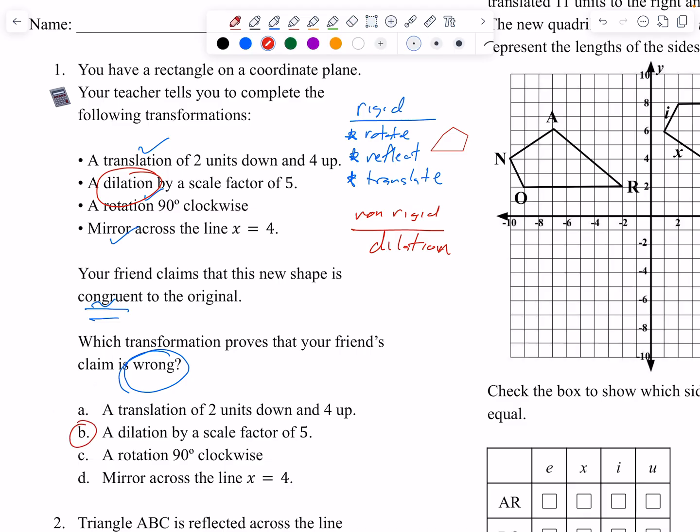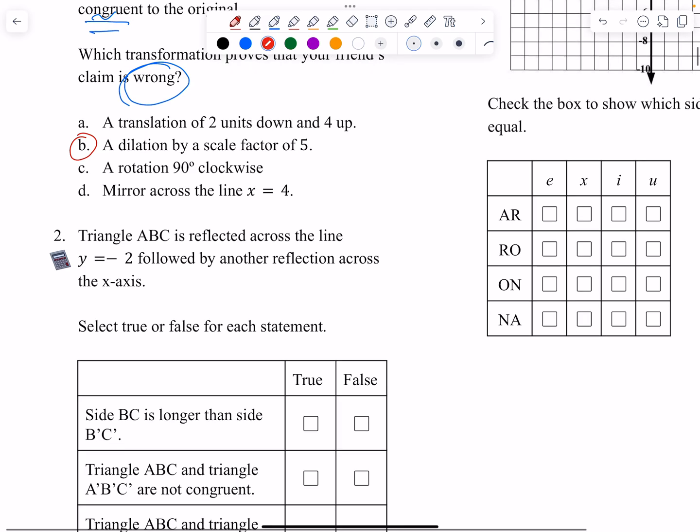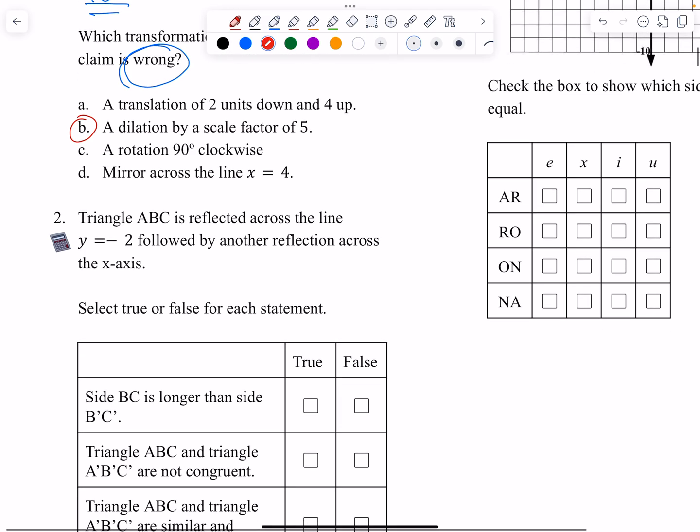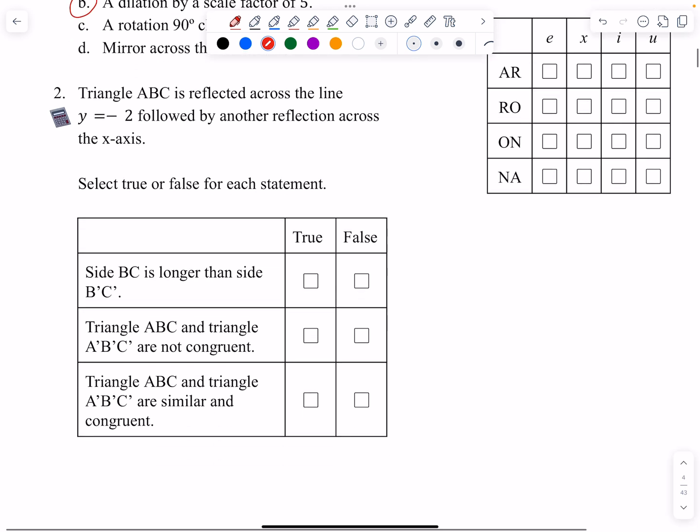All right. So this right here is going to be important for the rest of the thing. Okay. Triangle ABC is reflected across the line y equals -2, followed by another reflection across it. Select true or false. So if I have triangle ABC, there's ABC. So what happens is BC longer than B'C'?